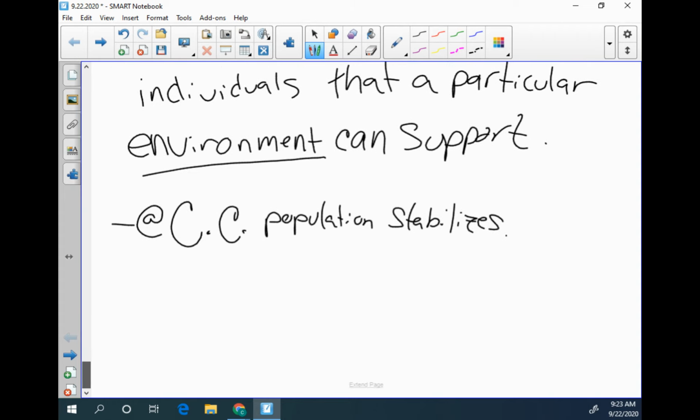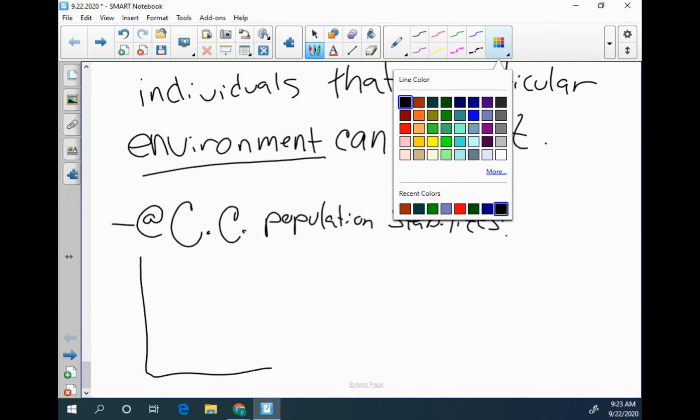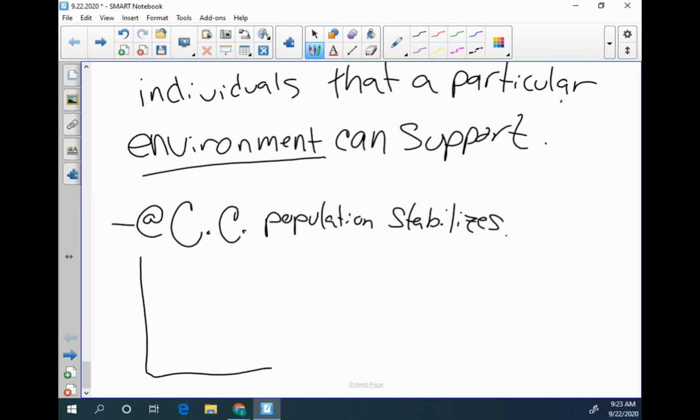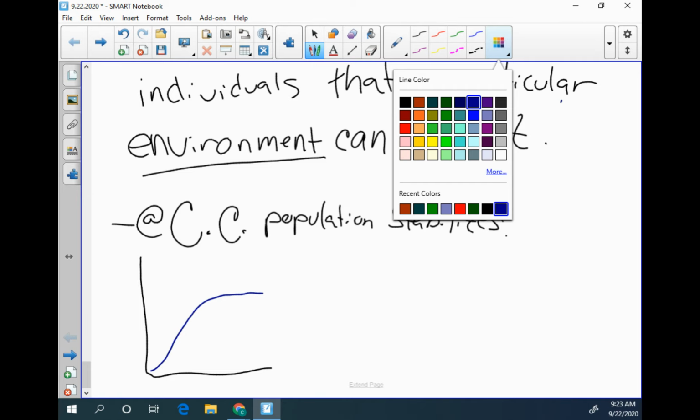But if you're asked to point out carrying capacity on a graph, let's say we've got our logistic growth, our carrying capacity.